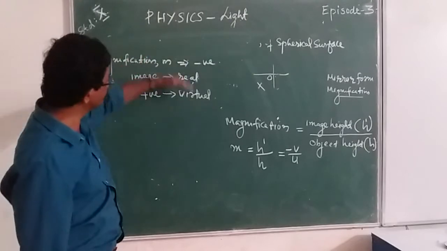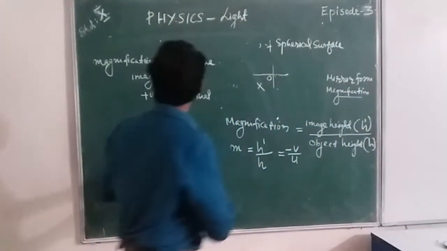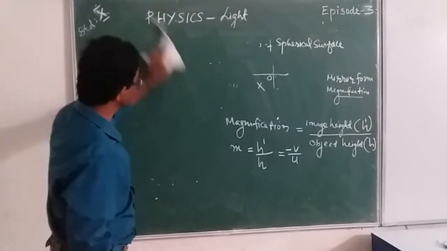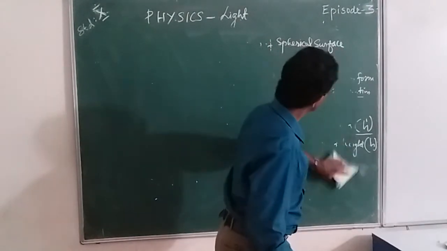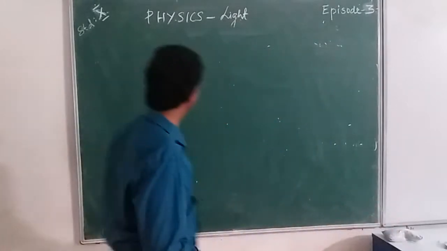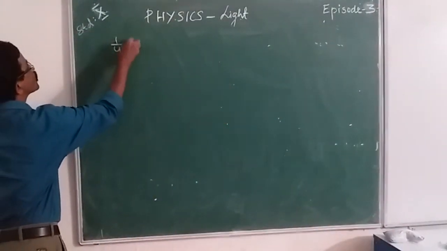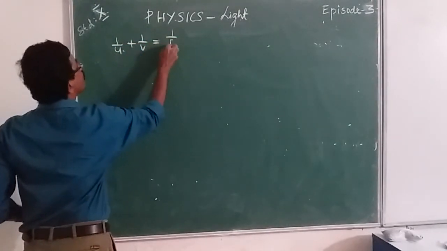Now we know two equations. One is the mirror equation: 1 by u plus 1 by v is equal to 1 by f.